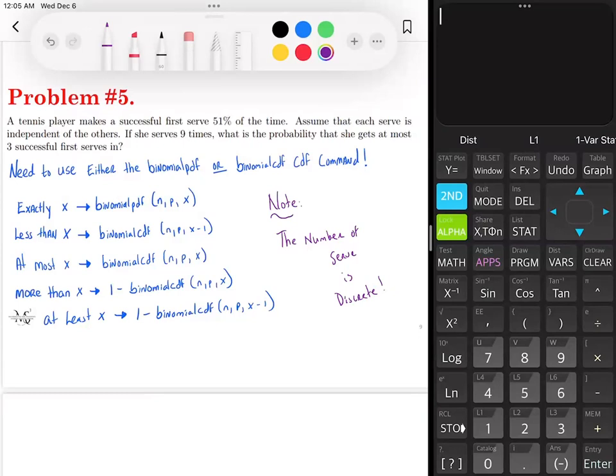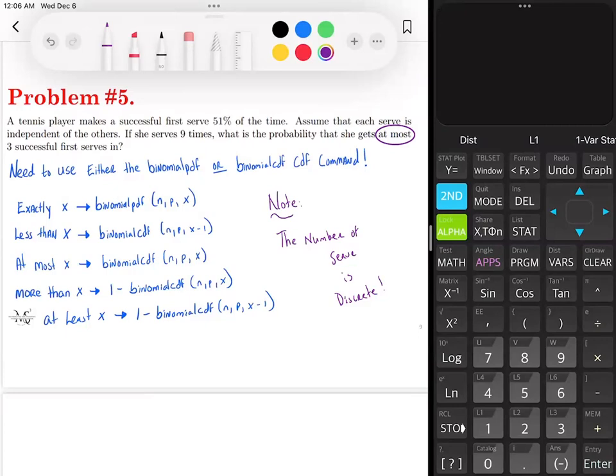Okay. So first, we have to choose which one of these formulas we're going to use for this problem. The keyword here is going to be at most. Since I have an at most case, I just need to know how to use the formula for at most.